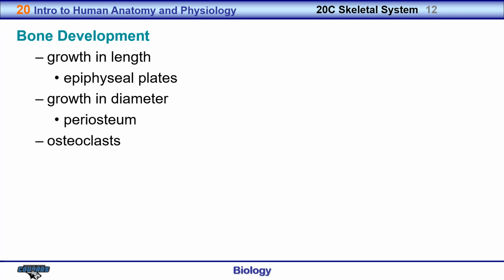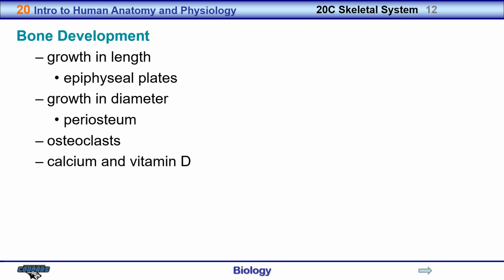The specialized cells called osteoclasts make the marrow cavity larger, otherwise it would be the same size as when you were first born. So these osteoclasts make the marrow cavity larger by just kind of eating away at the bone, and the body is very efficient at recycling, so it'll use it to make bone on the outside. So it's eaten away on the inside and built up on the outside.